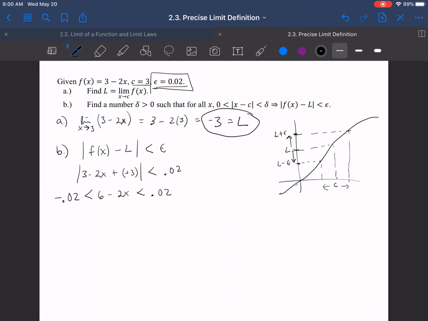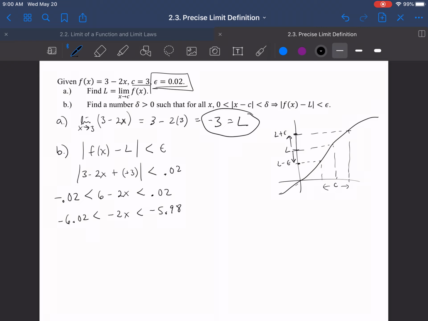Now what we can do is subtract 6 from both sides. So this will be negative 6.02 less than negative 2x less than, and subtracting 6 is going to be negative 5.98. Then what I'm going to do is divide everything by negative 2.